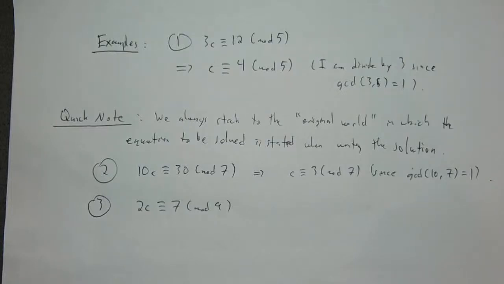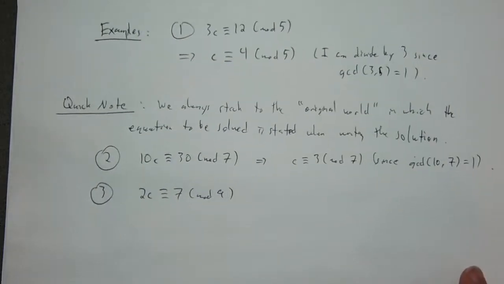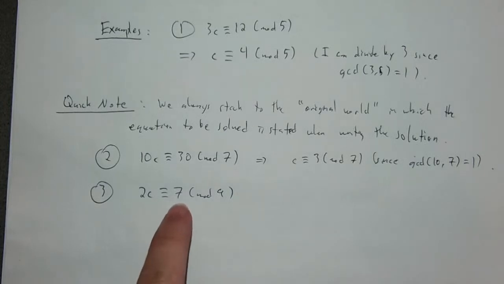Note that division is kind of awkward here because 7 is not divisible by 2. So even though 2 and 9 are relatively prime, dividing here, just stupidly, I would have c is congruent to 7/2 mod 9. That doesn't make any sense. So this is not what I want to do.